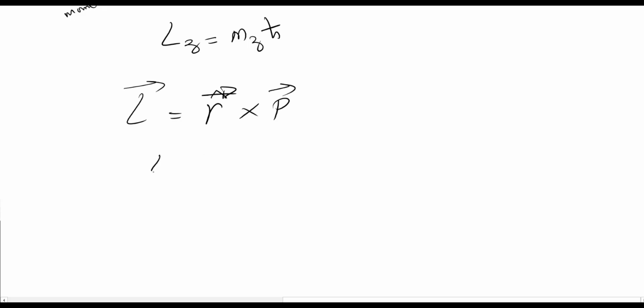So what you do in this case, you take the Lz component. If you do the cross product, you remember this is x, y, z, and it has to be in this order, by the way, otherwise we'll get a negative number.